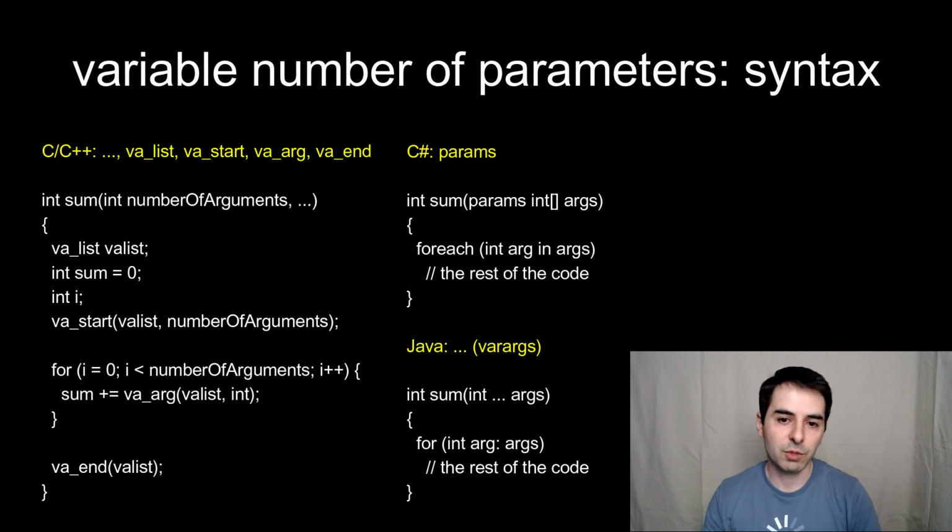And then there is some special syntax to access each element of that list. In C# there is this params keyword, and that does a similar thing. So this is useful in all cases where you want a variable number of arguments.